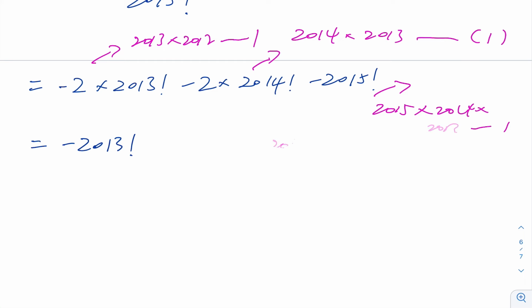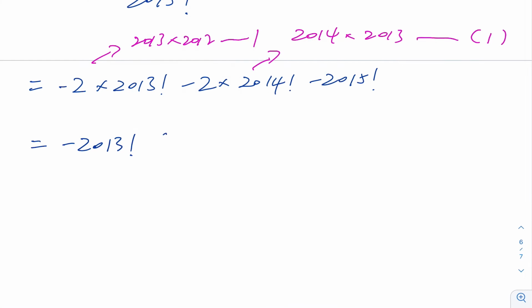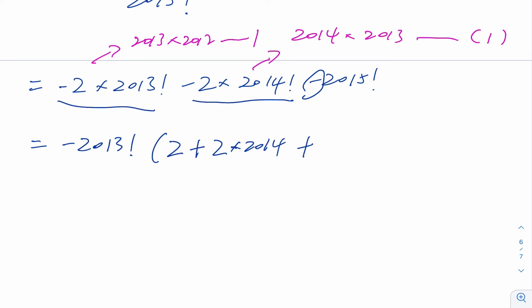Okay. Now, this is going to be minus 2. No, sorry, that's a plus 2. Times 2, okay, common factor. Then this, so times 2014, okay. Then times the common factor minus 2013, and this will give us 2014 times 2015, okay.